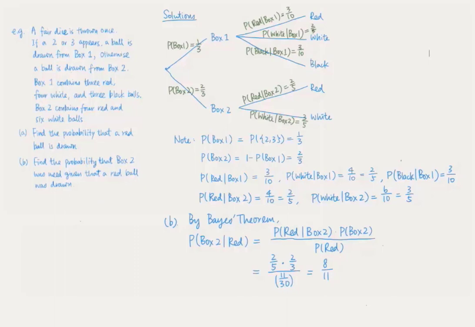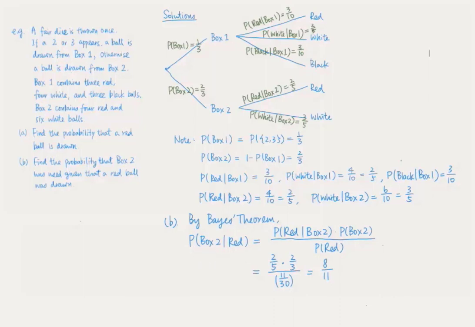But by using the Bayes theorem, it helps us to relate these two probabilities together by using this formula. And we can find this probability by using this formula that contains the more usual conditional probability with the information that first we know box 2 is used.